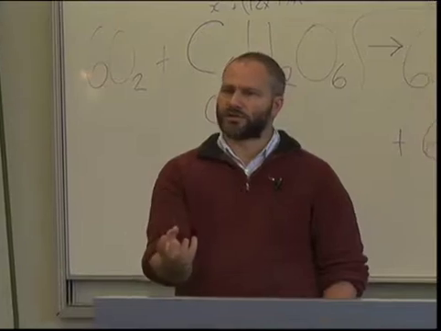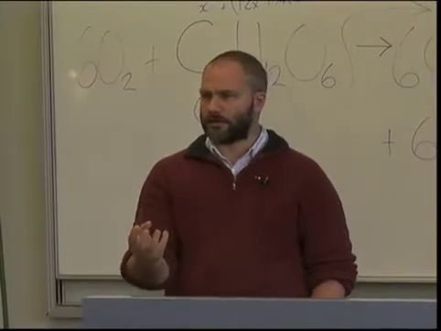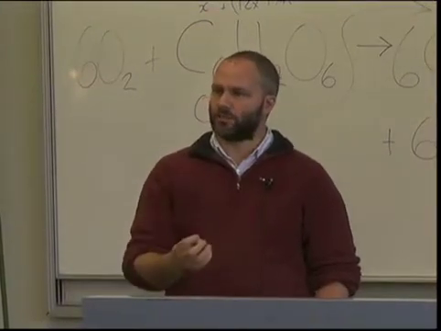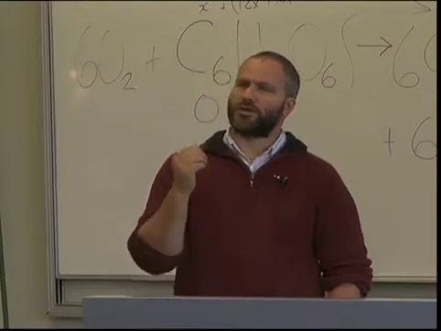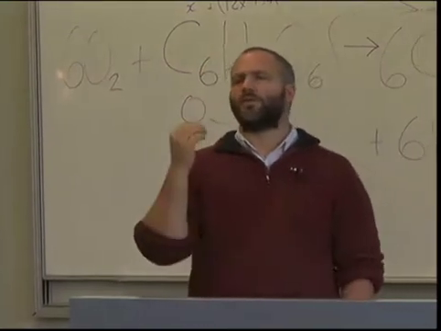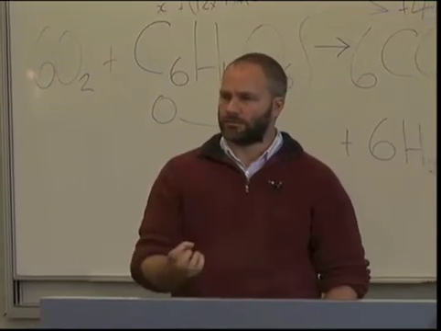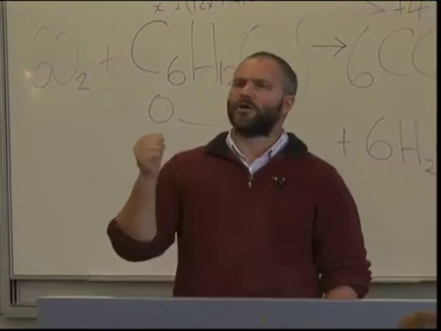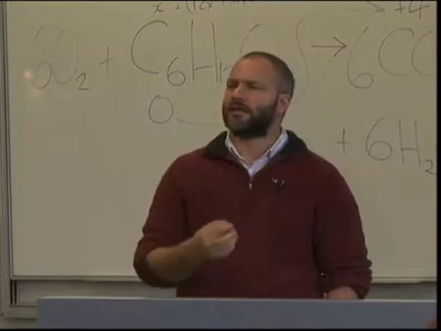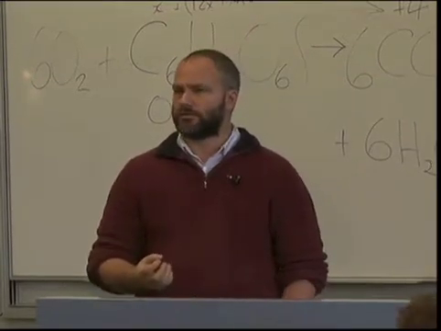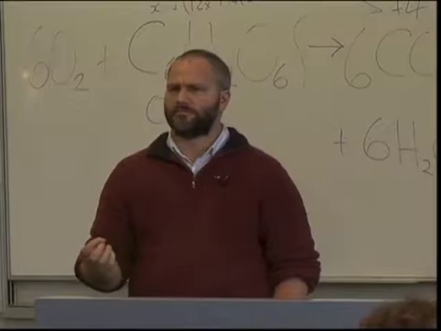And so it stays in the solution as permanganate, and so it stays purple. And so the equivalence point here will be when the solution first starts staying purple. Because at that point, you're adding permanganate and there's nothing left for it to react with. Does that make sense? Yeah?